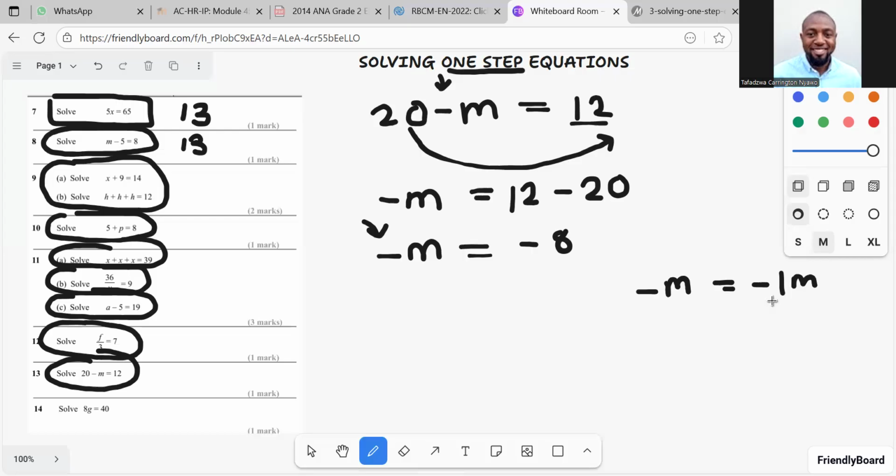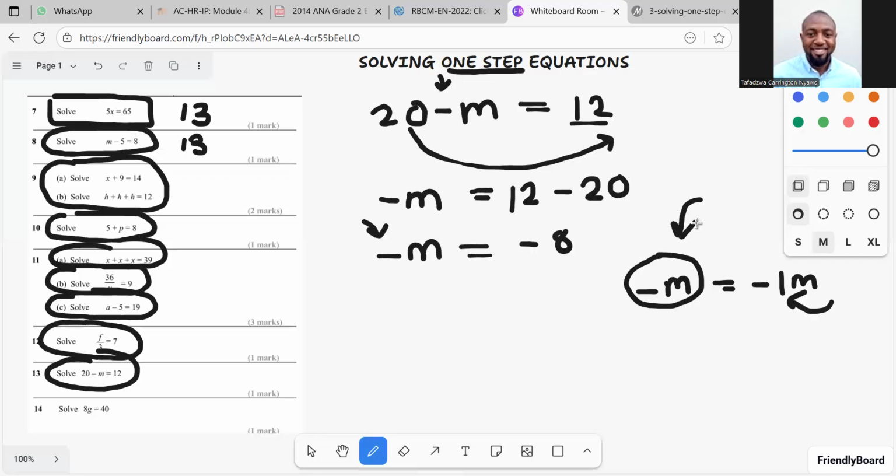But mathematically, we should always write it in this form, minus m, knowing that there is a negative 1 that is there, though you can't see it, but it's actually there.